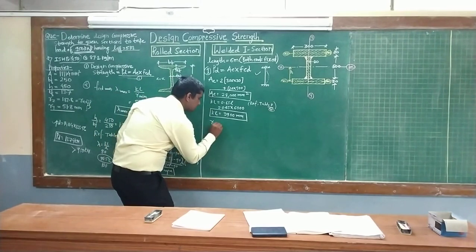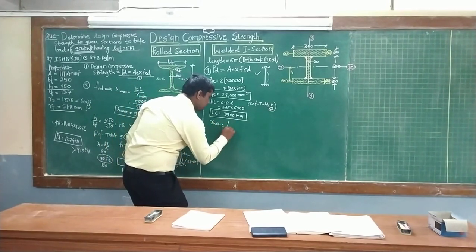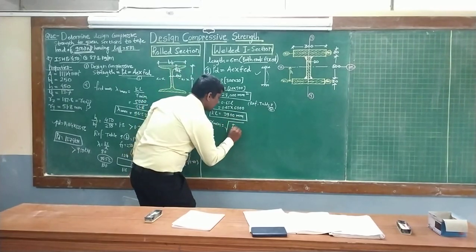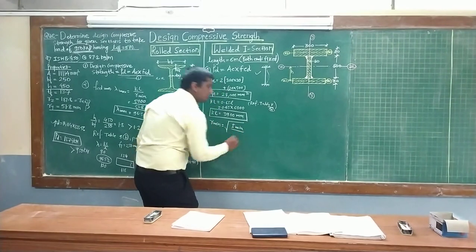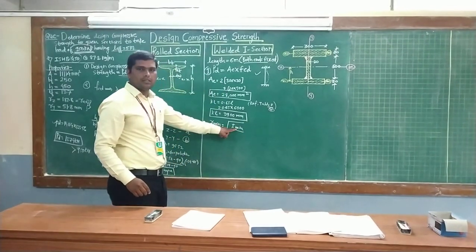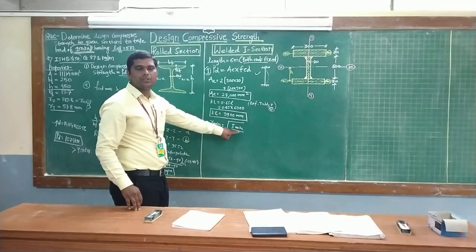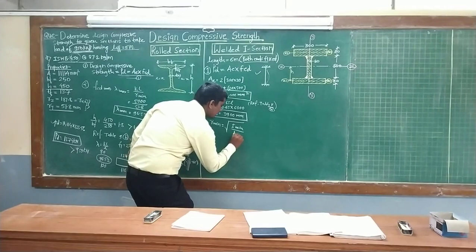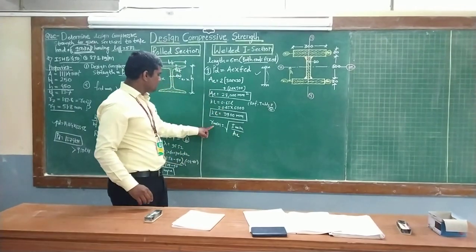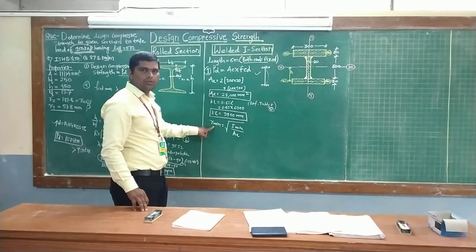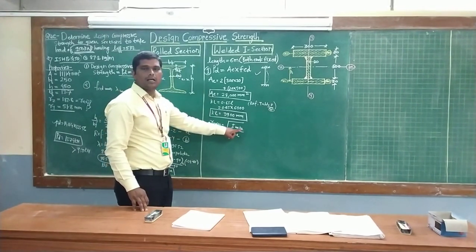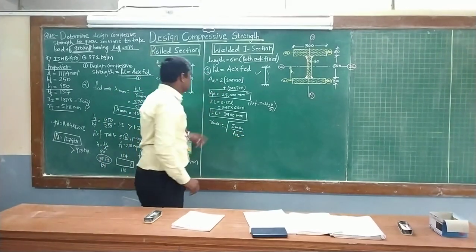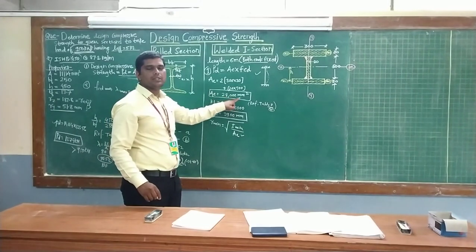So r minimum is equal to the square root of the minimum moment of inertia, about whichever axis it is minimum, divided by the effective cross-sectional area A, which is 28,000 mm square.